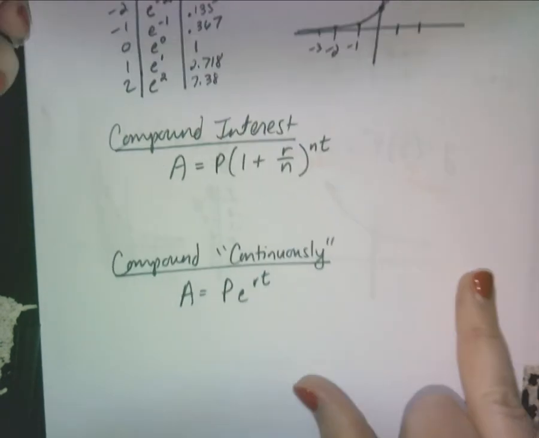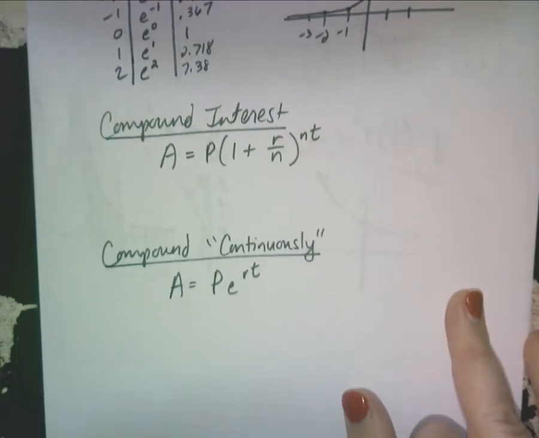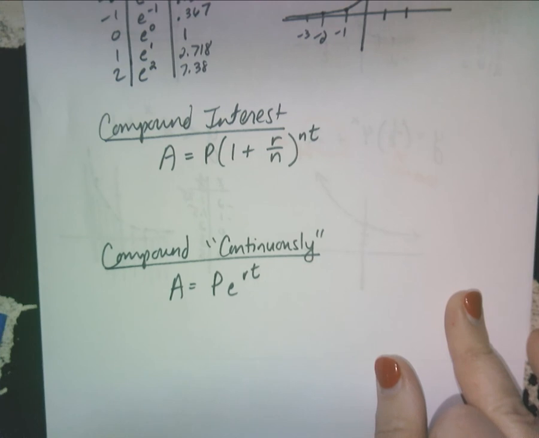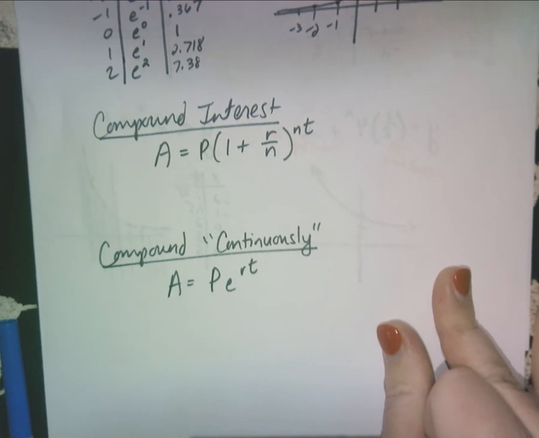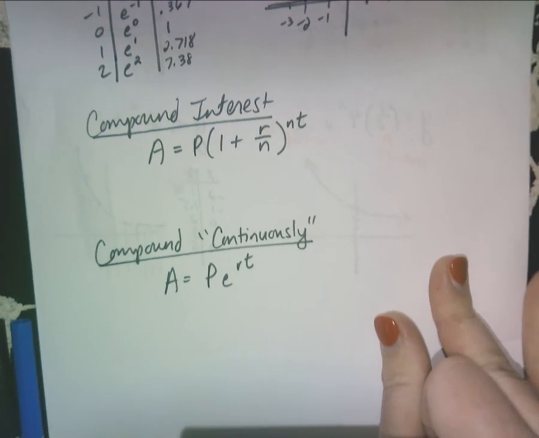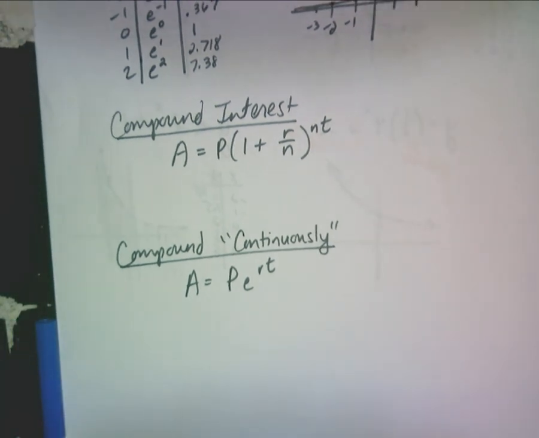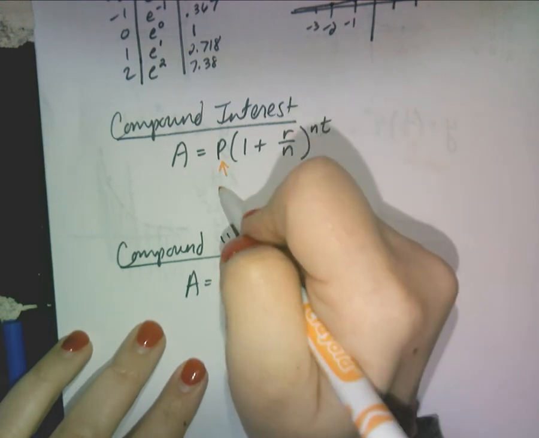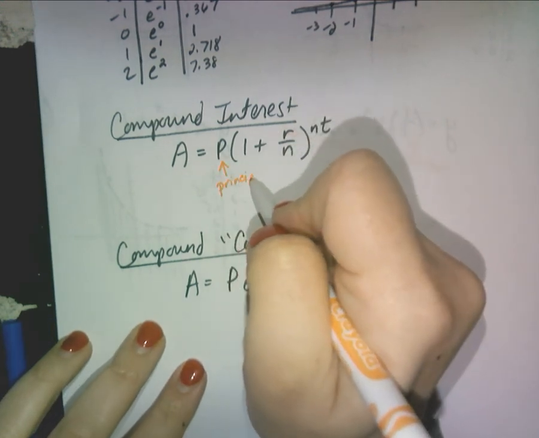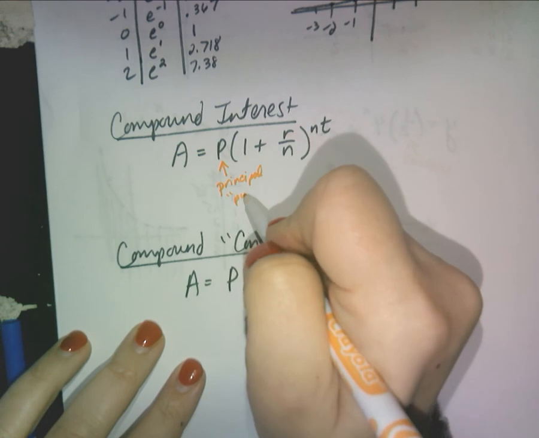Okay. So you all are juniors, most of you, some of you seniors, you're going to probably be taking out student loans, okay? Student loans use compound interest. Buying a car, doing a mortgage payment, compound interest. It's so much fun. So this P stands for principal, or I like to think of it, the amount you put in.